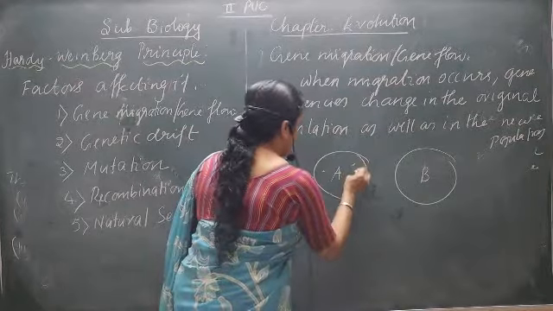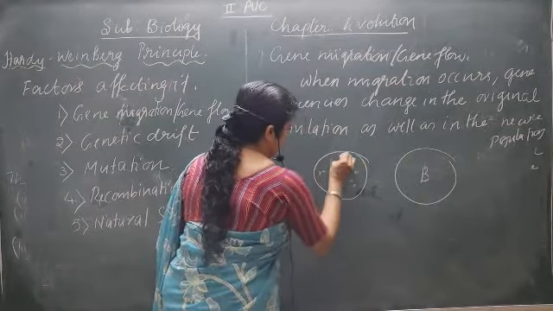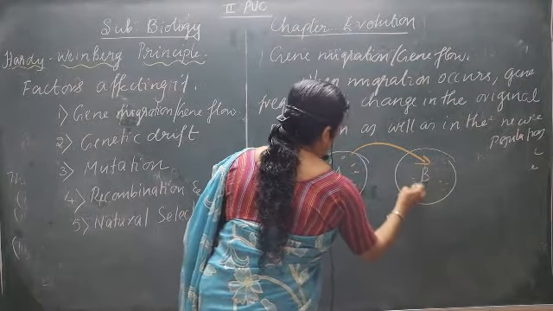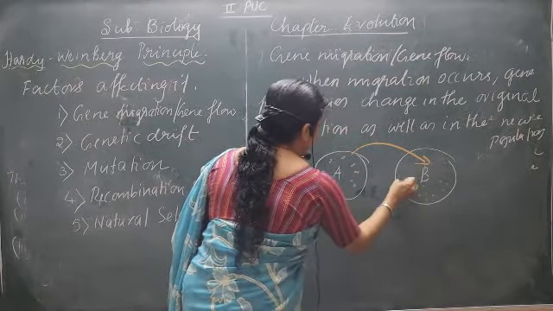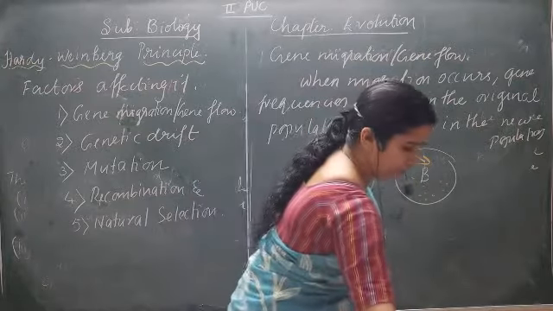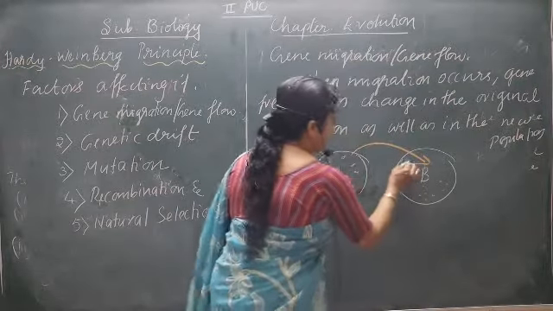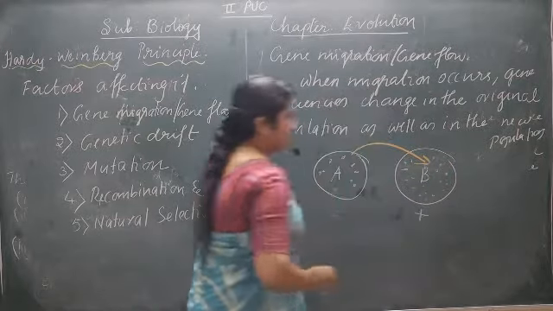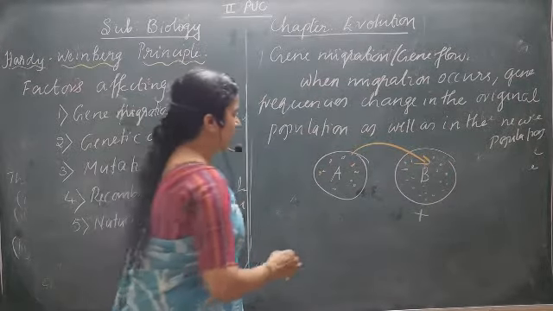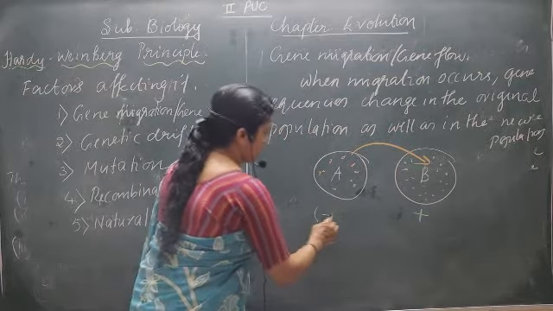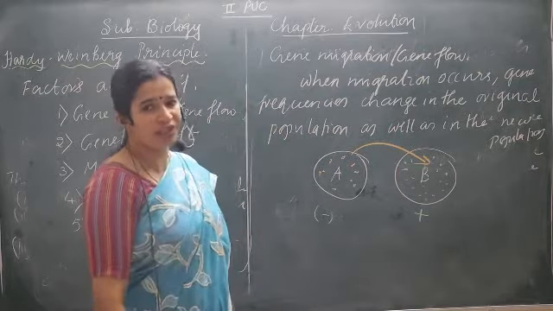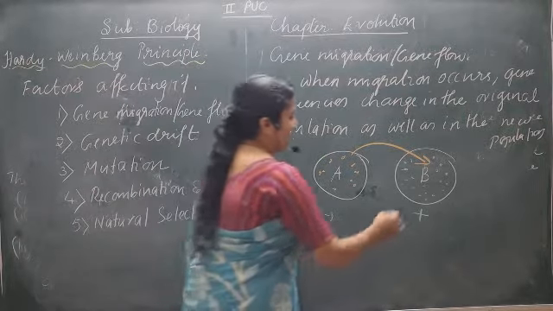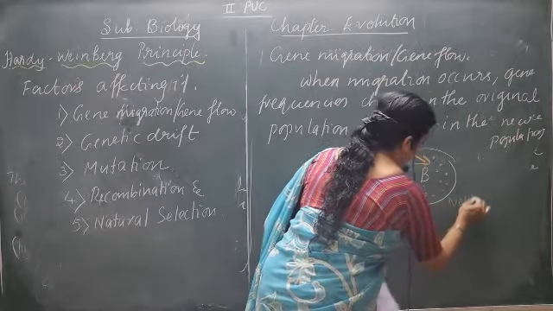Here some other species will already be existing, so the new population will get added to it. There will be a loss of some genes in the original population.